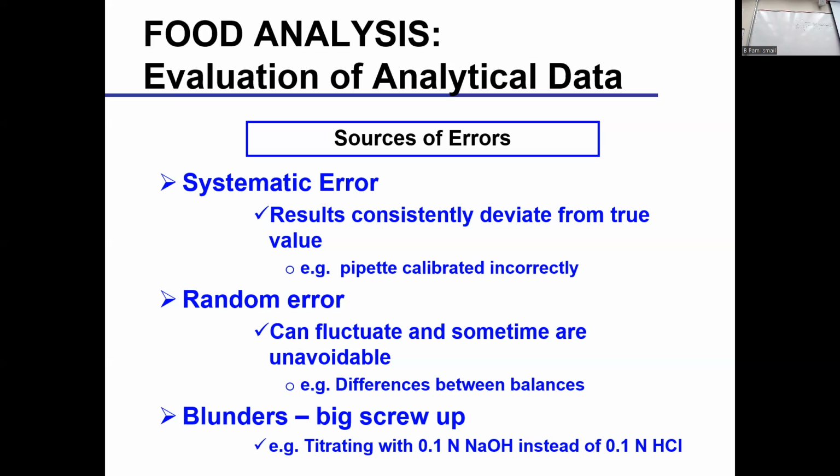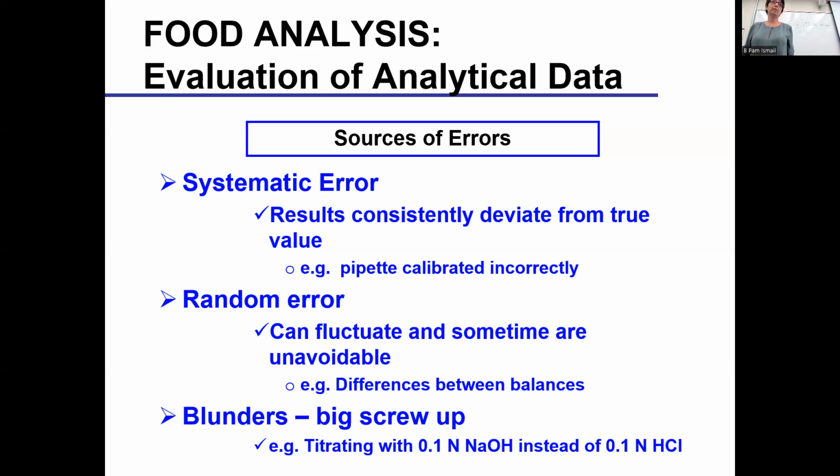They have different vibrations, they have different precision. So you might get an error because you didn't go back to the same balance you used originally. So that's a random error, and that's going to decrease your precision and decrease your accuracy. We call this random, but we learn in lab and we try to tell you to avoid such avoidable errors. Use the same balance, the same set of tools while you're running the same experiment.